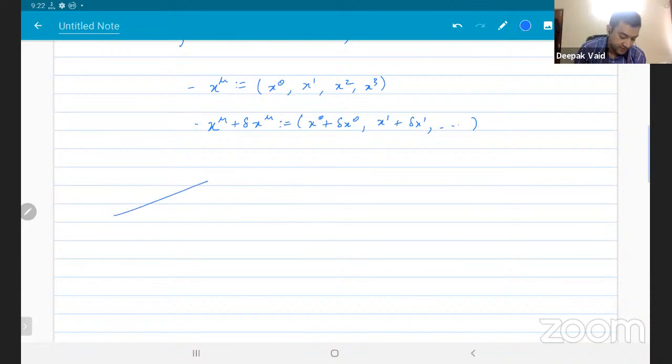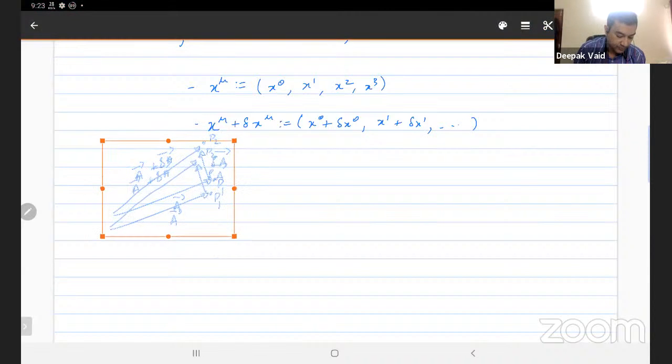So it's like saying that in 3 dimensions you have a vector A, and then you have some vector delta A, right? So these are 2 points, and this would be A plus delta A. And then I would ask, what is the distance between this point 1 and point 2?